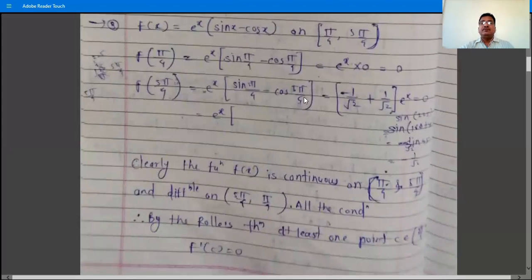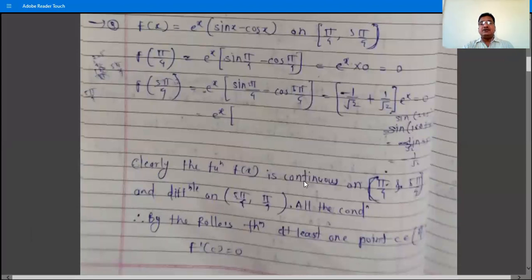Therefore the value at the first point and the value at the last point are the same. So f of pi by 4 and f of 5 pi by 4 are both the same.